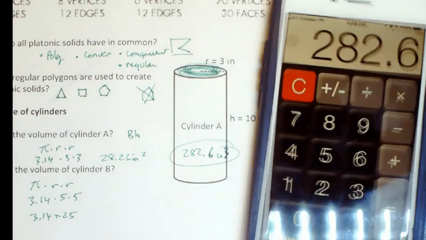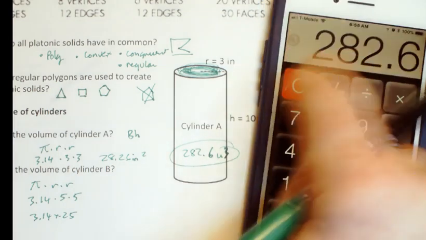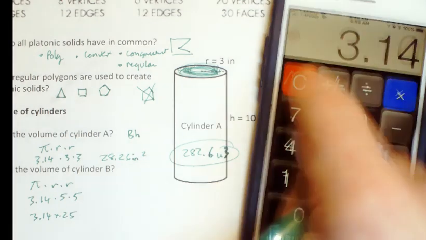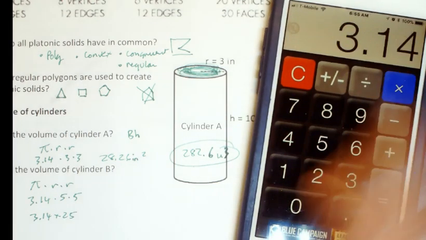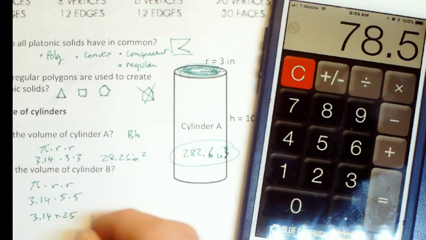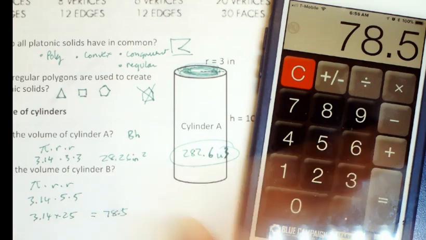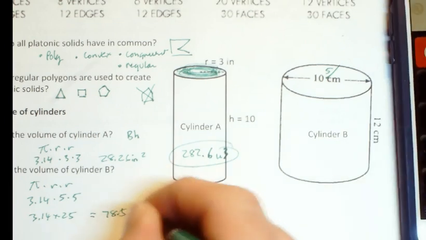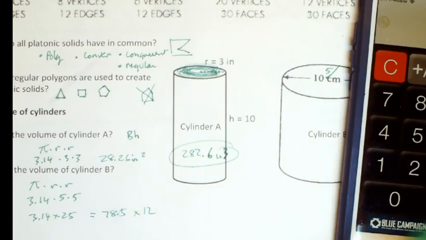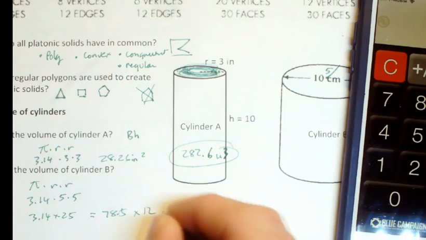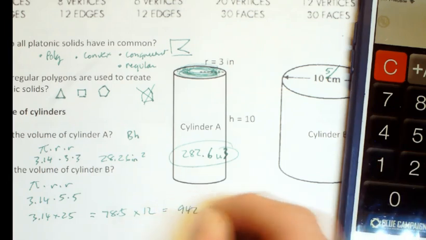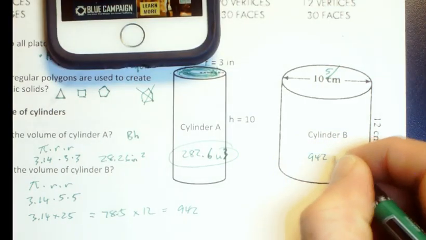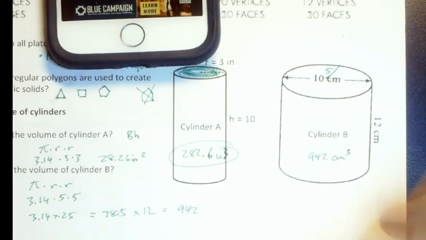So I'll pop that in. 3.14 times 25, we've got 78.5. If we just multiply that times 12, we're going to get 942. So the volume of this is 942 centimeters cubed.